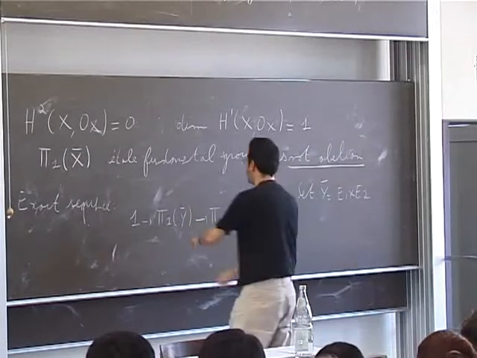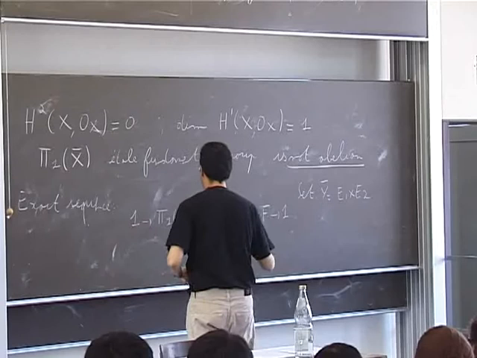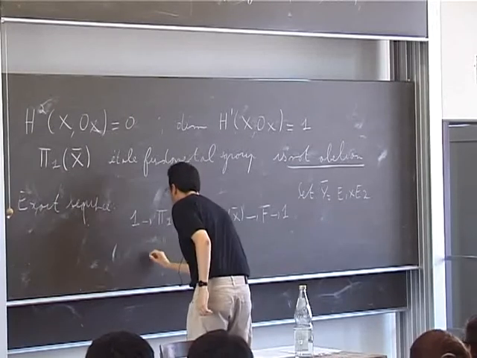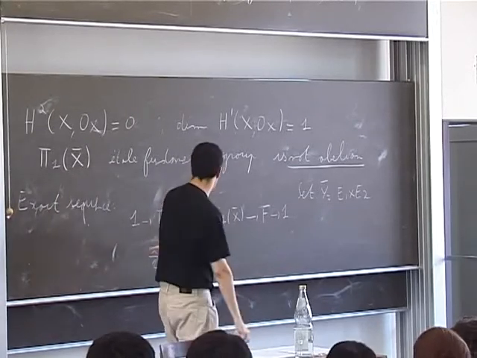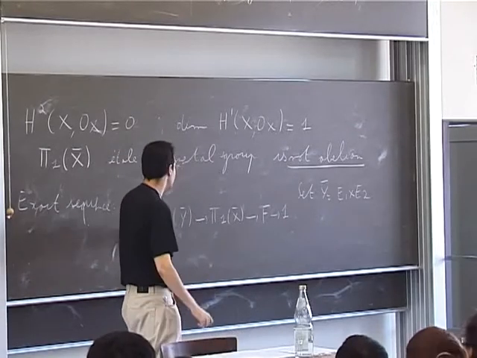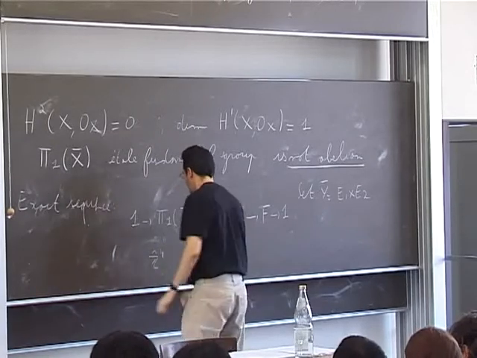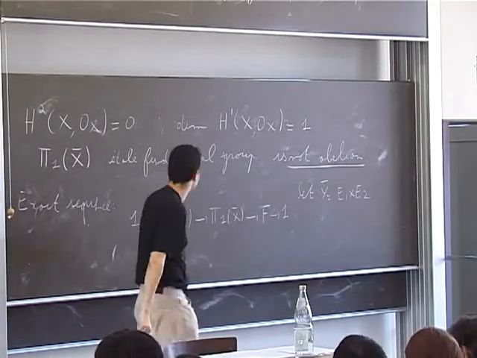But pi 1 of Y bar is just pi 1 of the product of two elliptic curves. So this is just Z hat, or Z if you don't like the étale fundamental group, to the power 2 times the dimension, so the power 4.